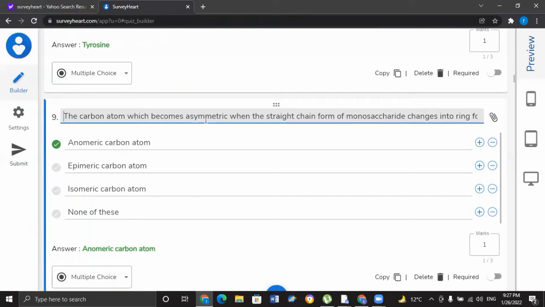And isomeric carbon atom is the carbon atom that is responsible for the existence of different isomers. So the correct option for MCQ number 9 is A, anomeric carbon atom.